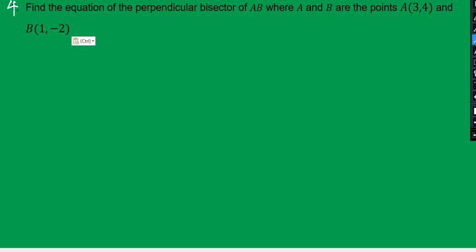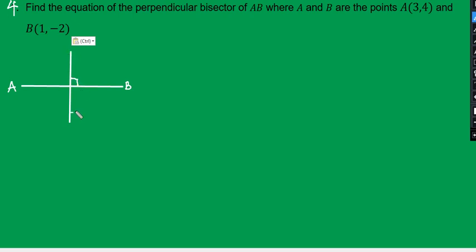So what is a perpendicular bisector? I have this line, and this line is AB. A perpendicular bisector will divide this line into 2 equal parts, so it will pass through the middle, meaning that the two lines are perpendicular.